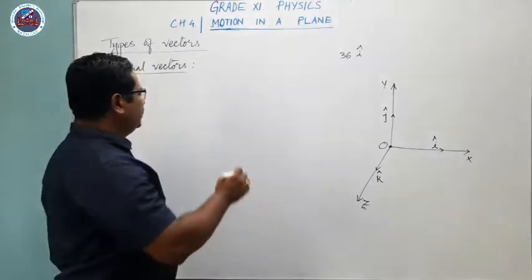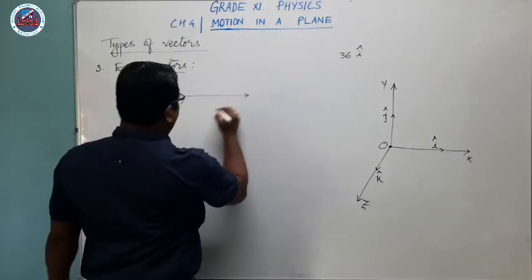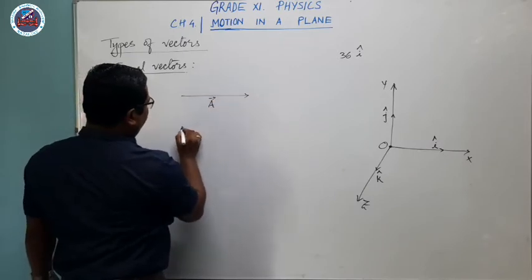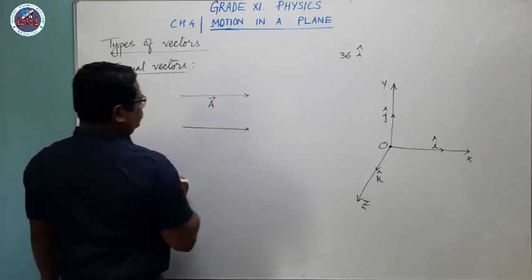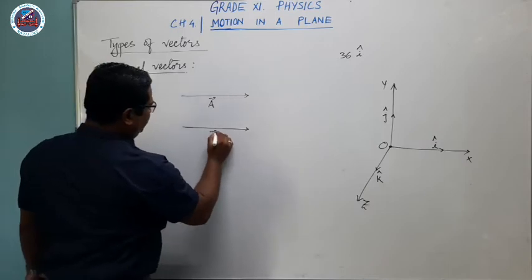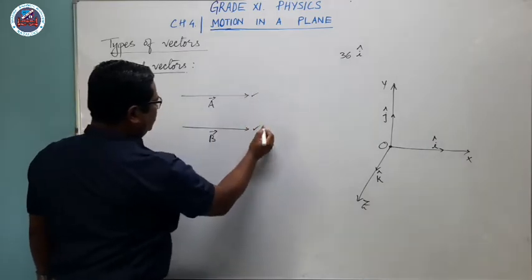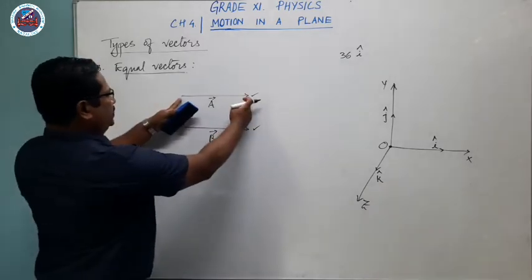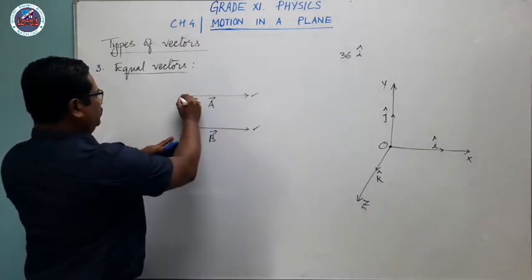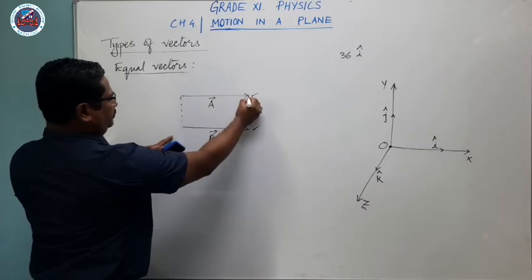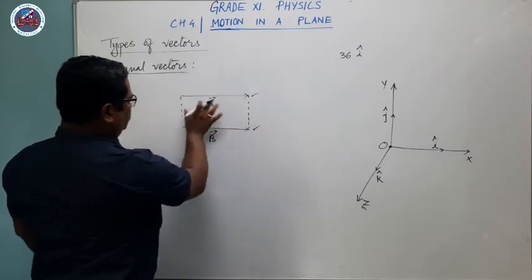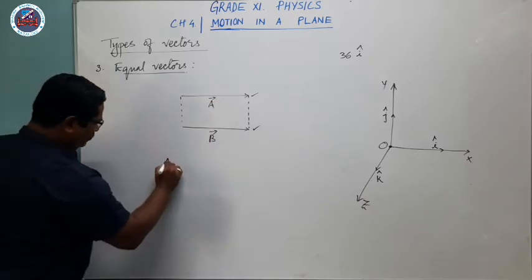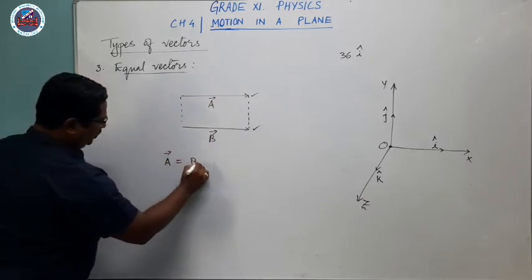Suppose this length shows vector A. Another vector I am drawing here, say vector B. They have the same direction. You can see the arrowheads are pointing towards the right, and for the magnitudes, you can take the measurement like this. They are both equal. So if the magnitudes are equal and the directions are also the same, then the two vectors are said to be equal.